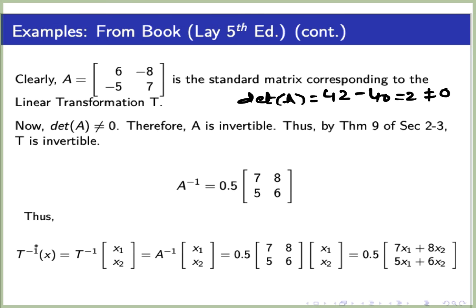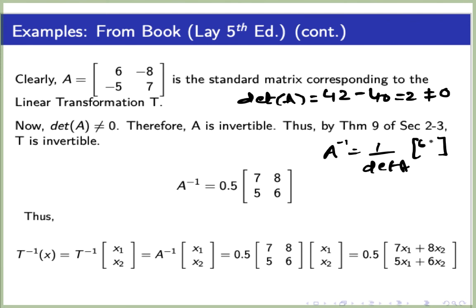And we just have to write down T inverse of X. Now, T inverse of X is nothing but A inverse of X, and we just have to find A inverse. If you go back to section 2.2, you will find that A inverse is 1 over the determinant of A times the inverse of the matrix.